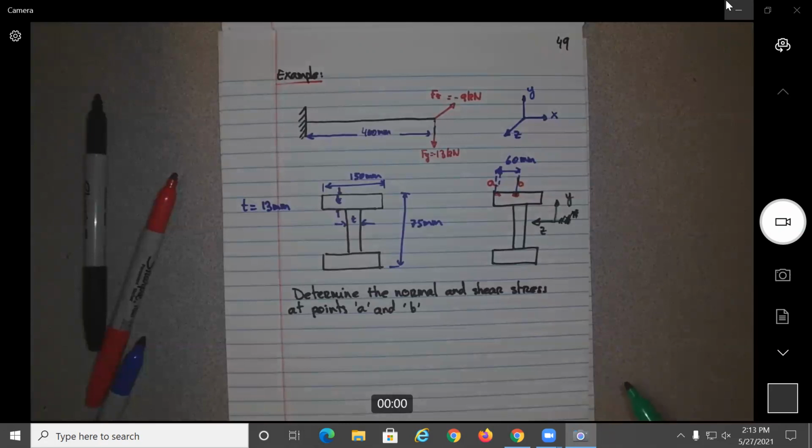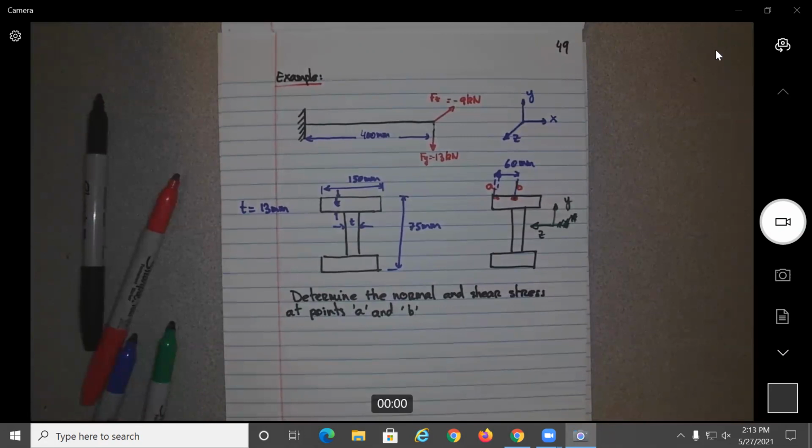Okay, so here, let's be careful, but before we even start the problem, let's try to do some thinking. Let's think about this cross section. Let's first look at the force here. Let's say we calculate what's happening to the force in the Y direction, the one going up and down. What would be the shear stress at A and B?